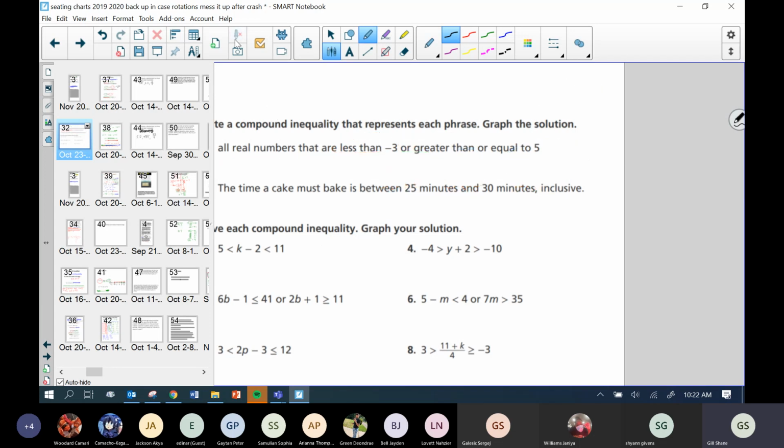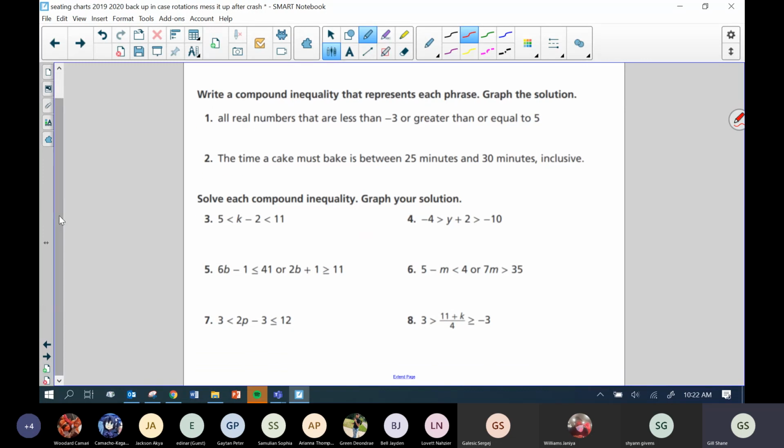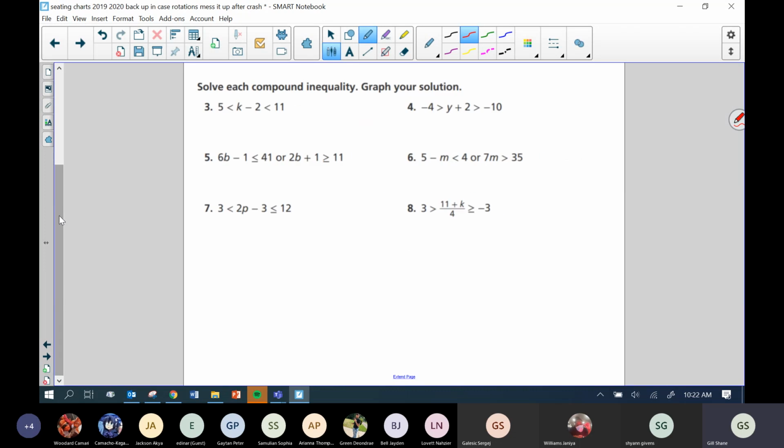So again, look kind of at number 3. I'm going to give you an example really similar to number 3, actually. Let's do this. I'll extend it down a little bit. There we go.